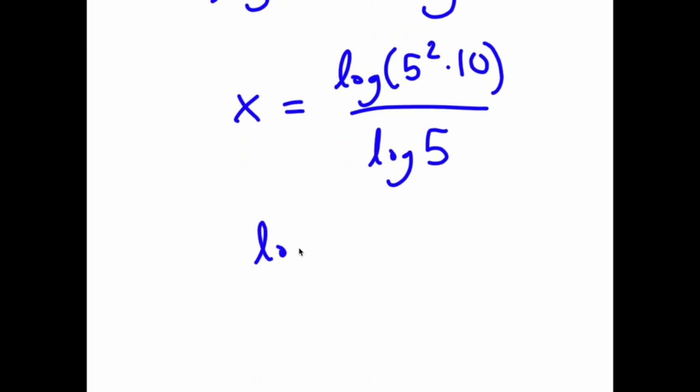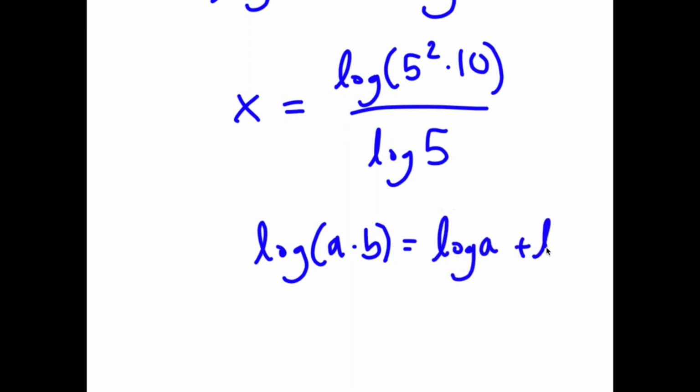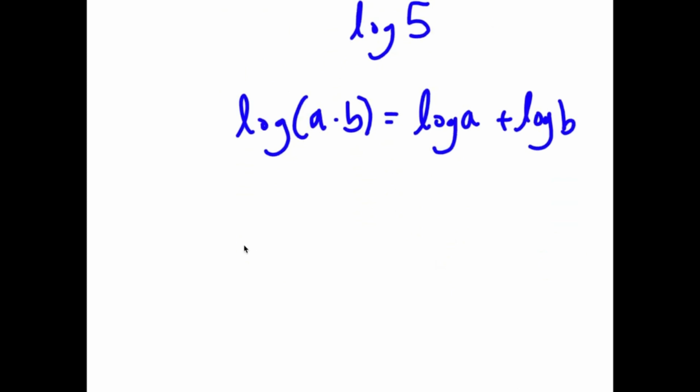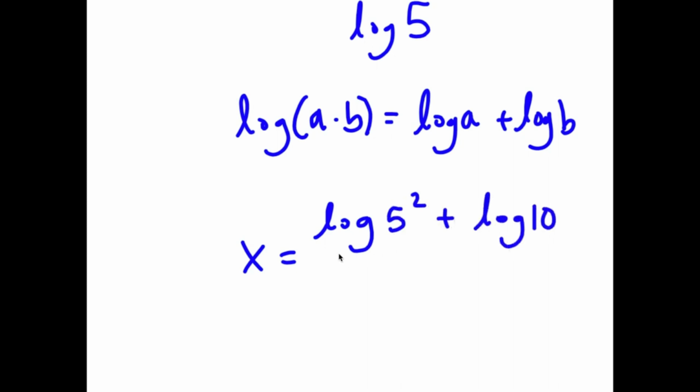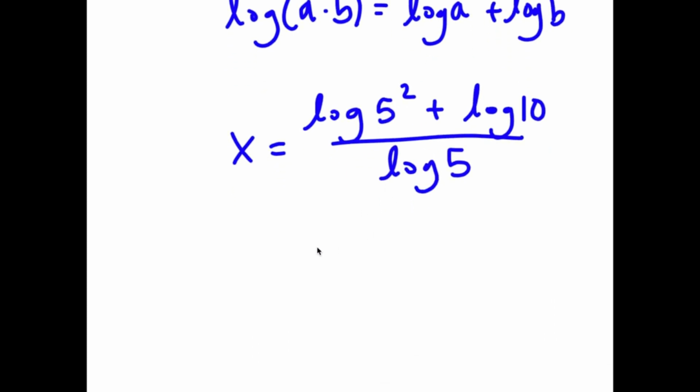Now, if I have something in the form log a times b, this is equal to log a plus log b. So log of 5 squared times 10, that's going to equal log 5 squared plus log 10. Now I have this over log 5. Now remember how if I have something in the form log a to the power b, I can move this to the front.